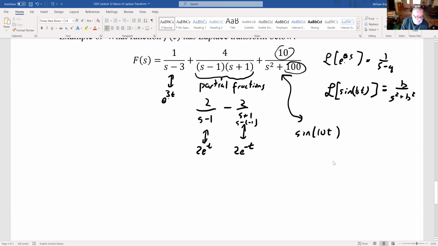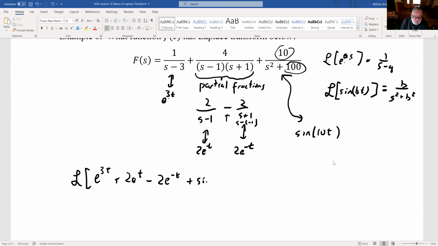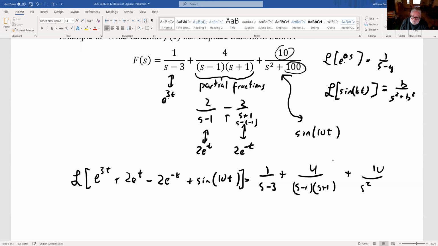We've got the Laplace transform of e to the 3t plus 2e to the t minus 2e to the minus t, and remember that minus sign there, plus sine of 10t equals what we've got here, 1 over s minus 3 plus 4 over s minus 1, s plus 1, plus 10 over s squared plus 100.